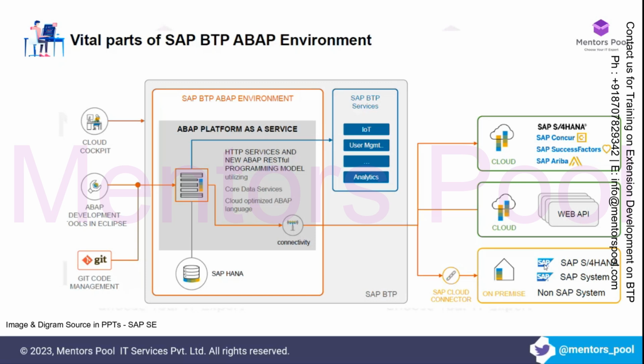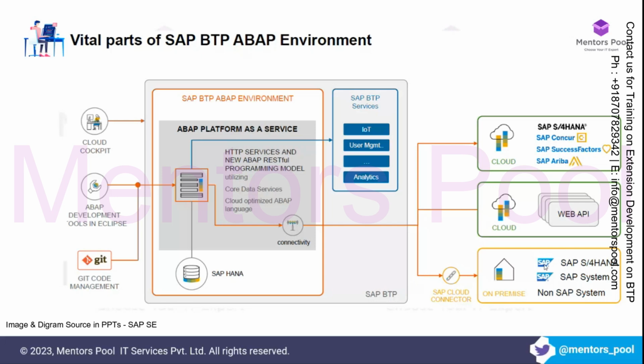The ABAP Cloud Cockpit or Build Work Zone these days can be used to deploy and host these applications or extensions. We can use Git or GCTS to manage the life cycles of our custom or extended applications under SAP BTP ABAP environment.